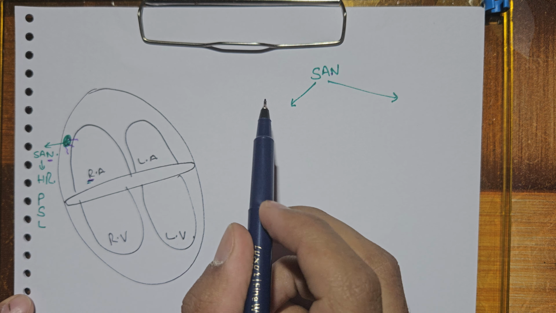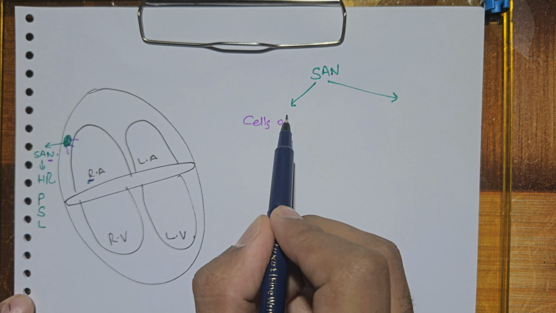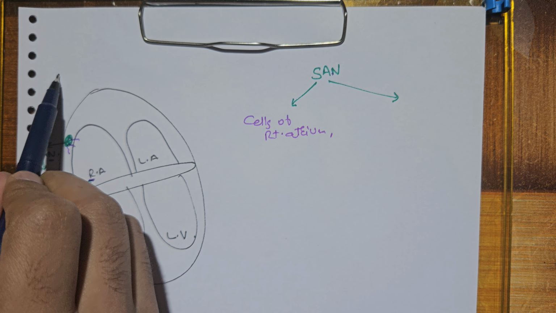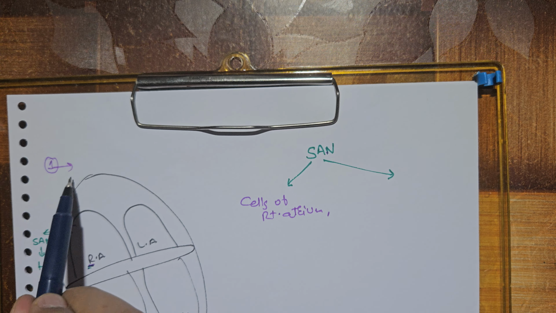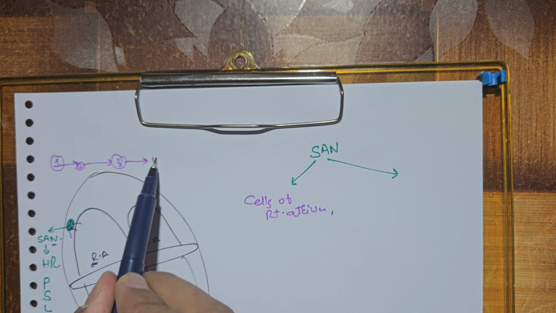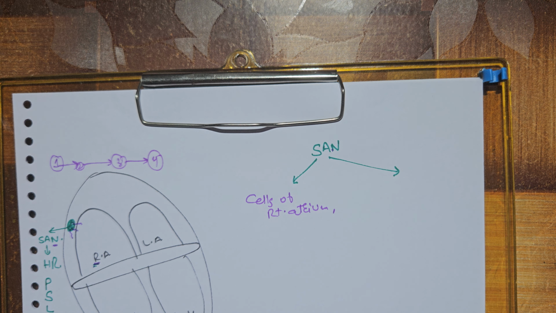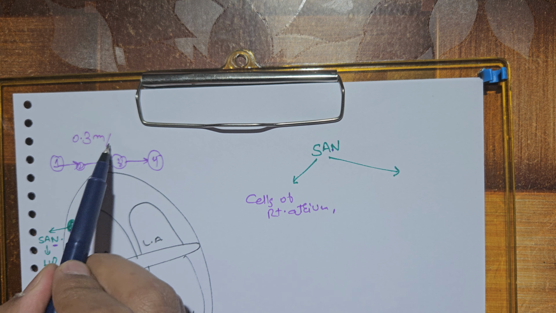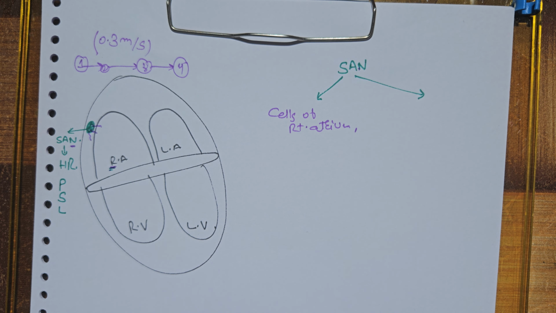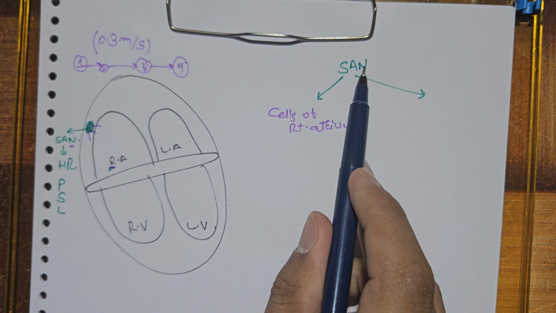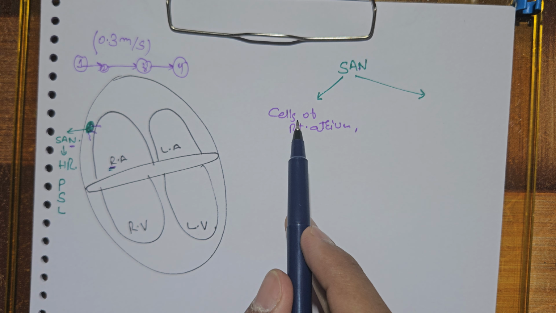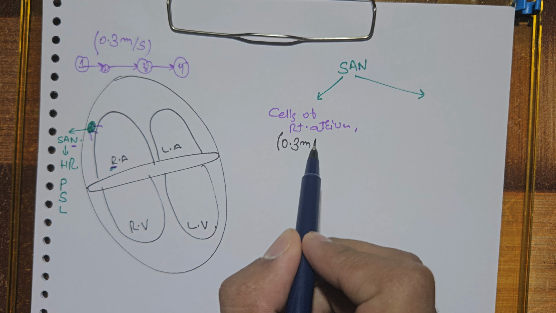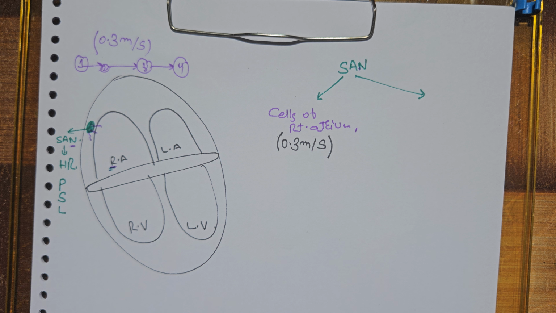The impulses go to the first cell of the right atrium, then the second, then the third, then the fourth. The impulses travel in the atrial cells with a speed of 0.3 meter per second. Is that clear?